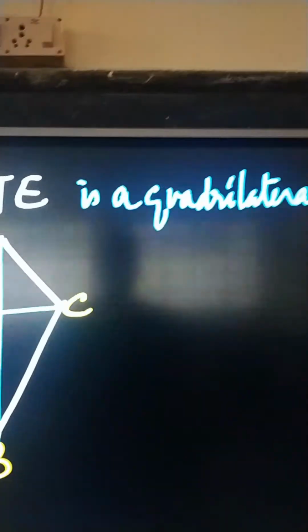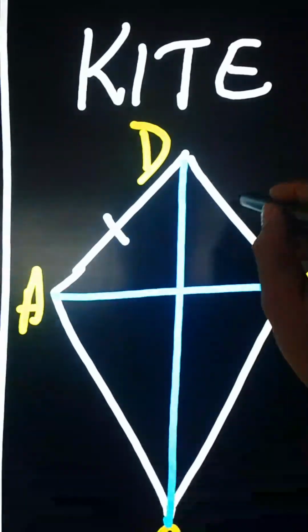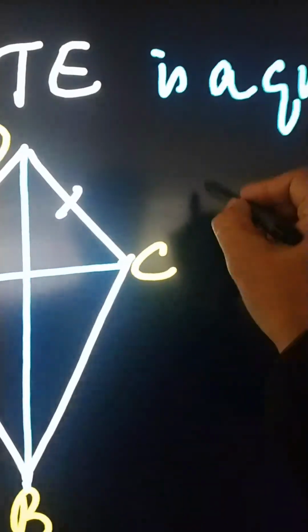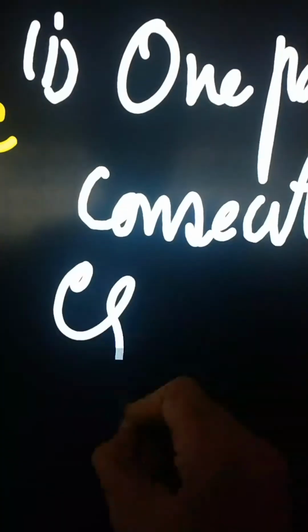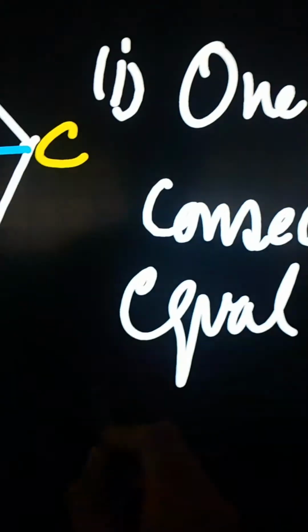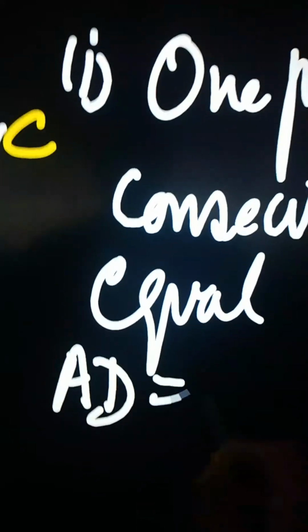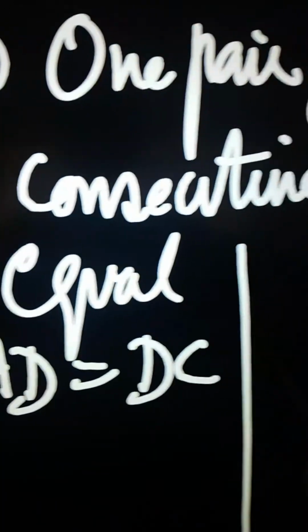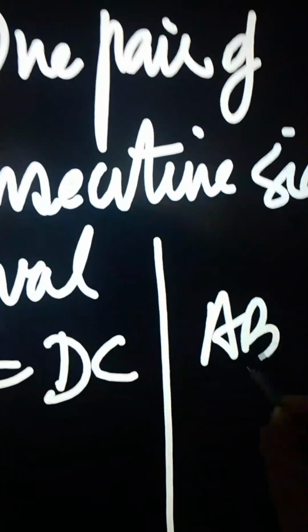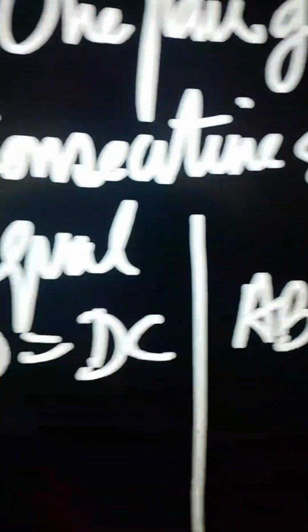Now what is the property of a kite? A kite is a quadrilateral which has one pair of consecutive sides equal, meaning AD is equal to DC and AB is equal to BC.